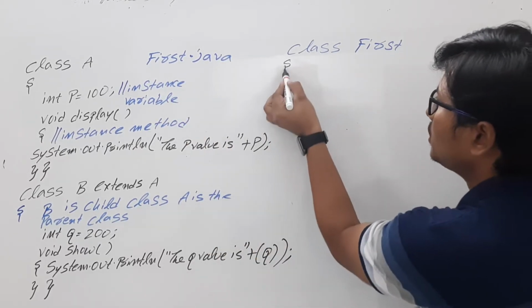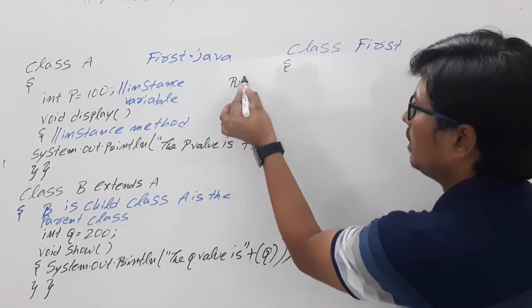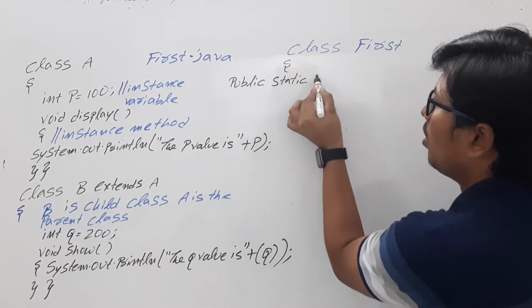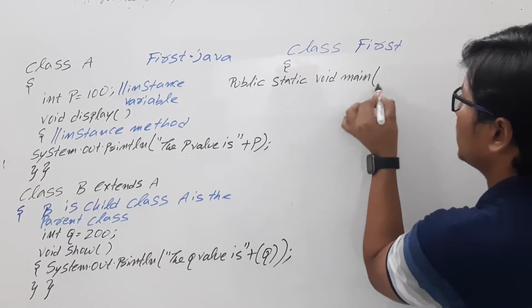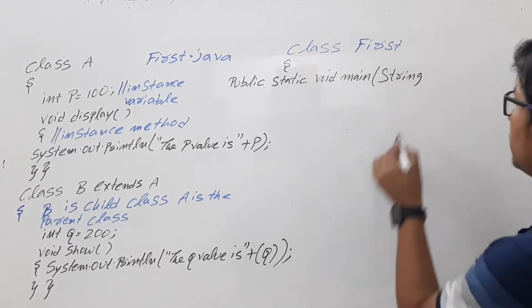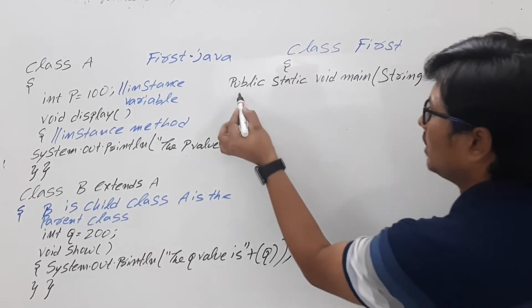And then you need to write public static void main, and you know that we need to take a string array, where S is a capital letter, args or ar, you can write any name here.